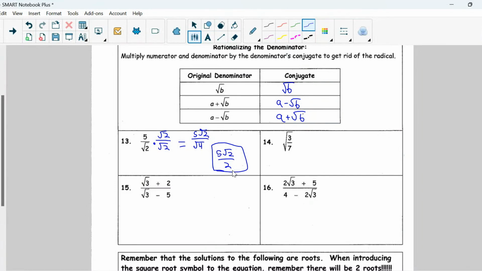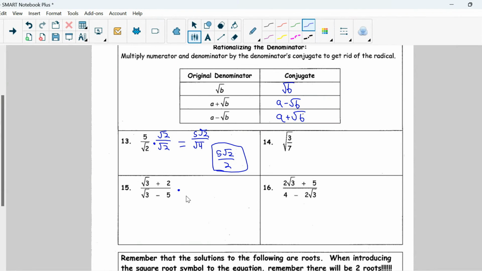Okay, for example 15 here, we need to multiply by our conjugate of just our denominator. Okay, so look at just your denominator. Okay, for the conjugate, all we have to do is flip our sign in our two terms.